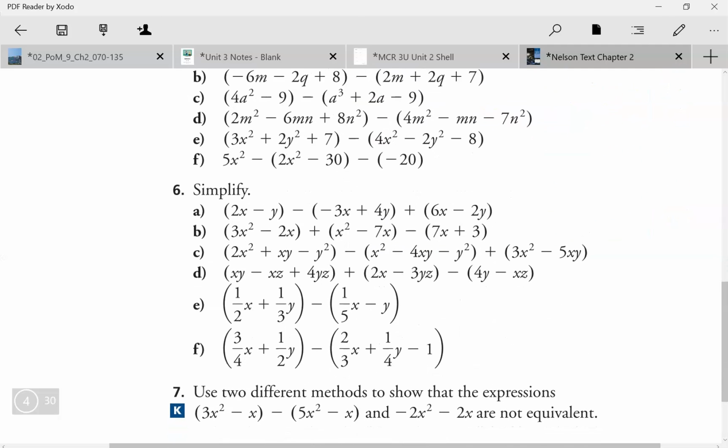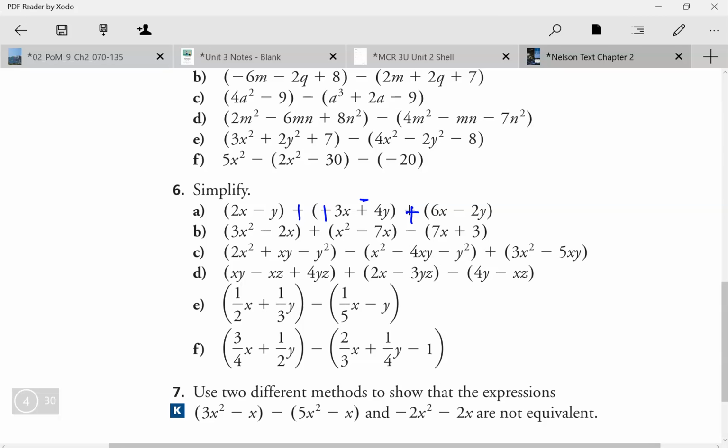So same case over here, except there's just a different number of brackets. If you add the brackets, you can just remove the brackets and this is just plus 6x minus 2y. Here you're subtracting a bracket, so again, when you're removing the brackets, you have to make sure to distribute this negative sign throughout the brackets.